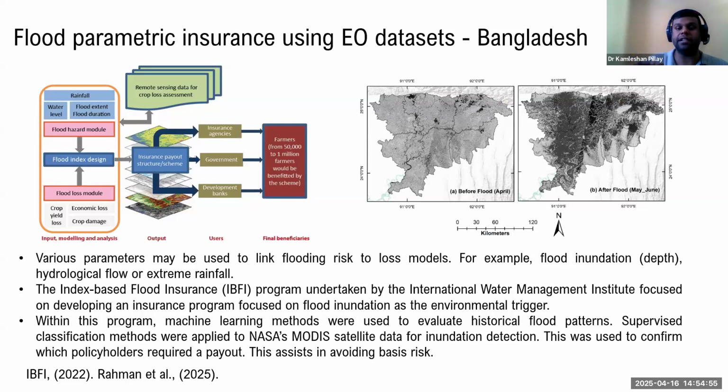water inundation linked to flooding, and then use real-time monitoring of those particular areas to then detect when a flood would occur. They don't use it for payout triggers specifically, but they use it for verification of payouts. So typically what would happen is that they would get a call from a farmer saying that, I have flood damage, and then they would use the system to verify that that actually occurs.